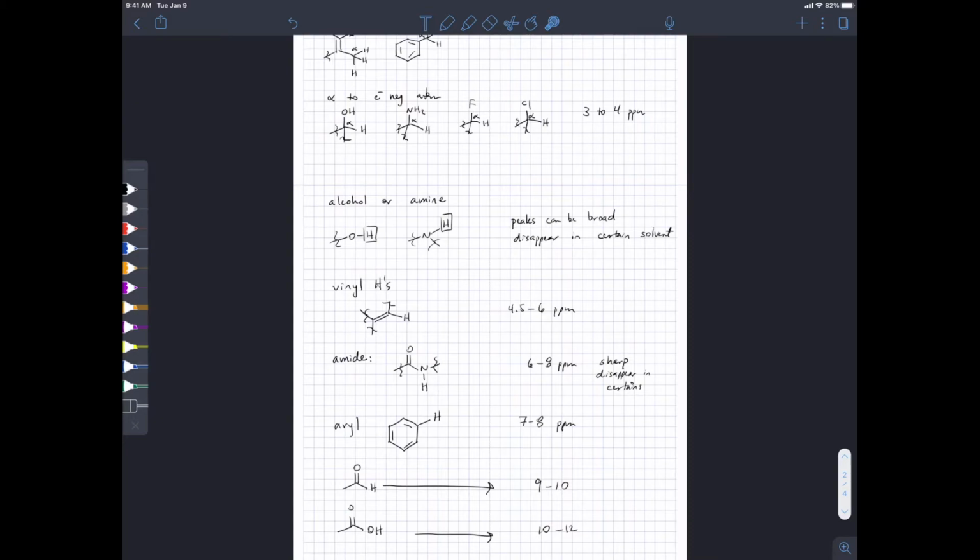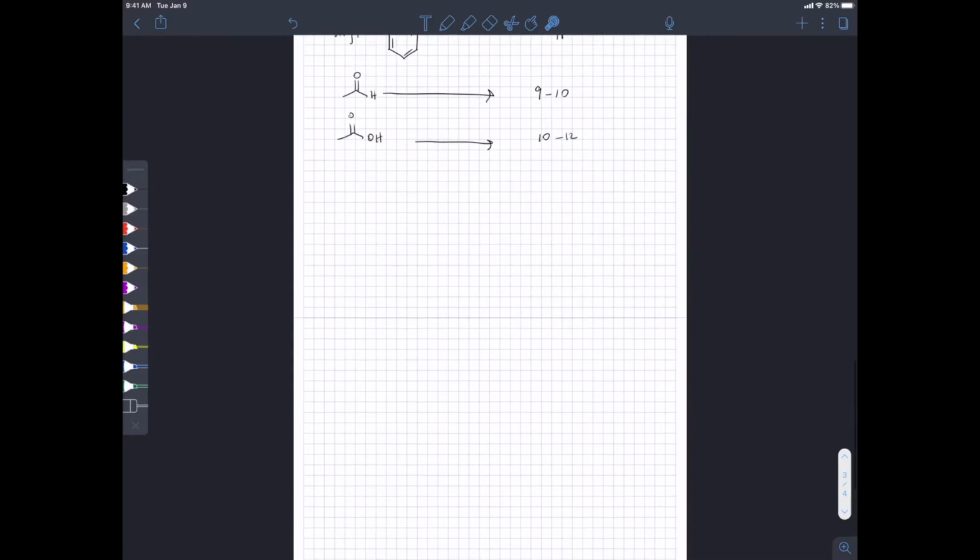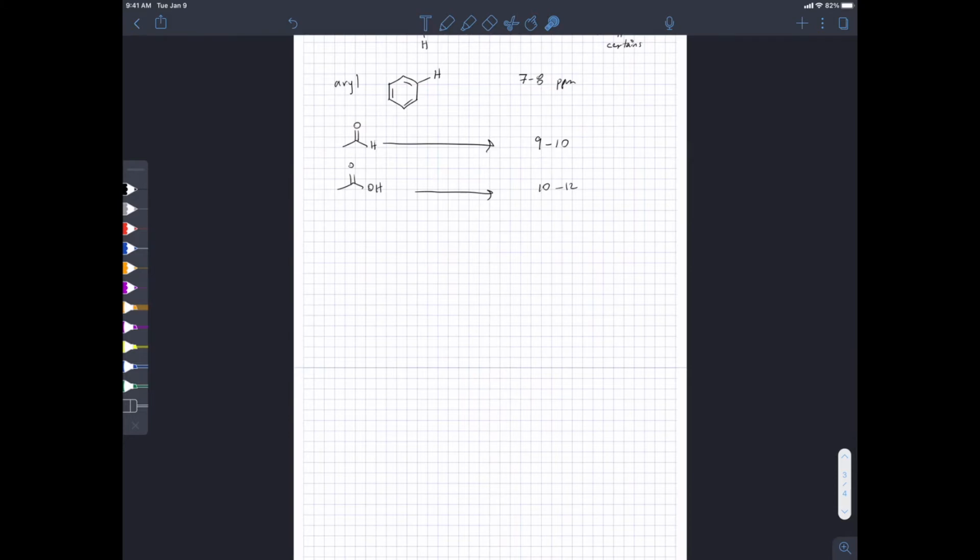But yes, a proton that is adjacent to multiple functional groups will have its chemical shift affected by those functional groups. As an example, for a proton in between two carbonyl groups, I don't know what the NMR spectrum of this molecule is. We could look it up. It's known, definitely.